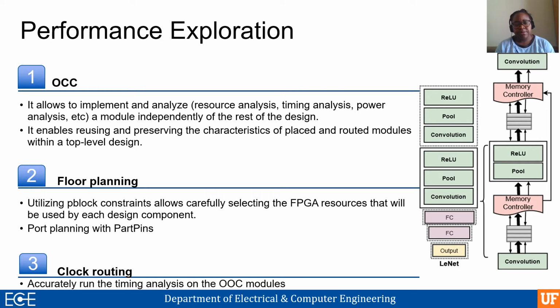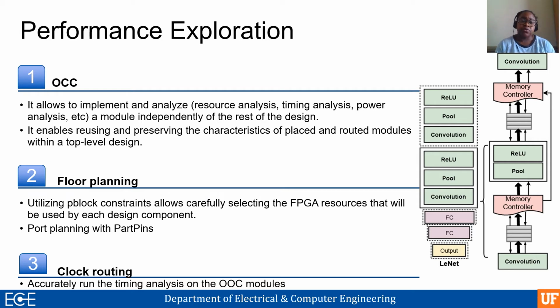The second step is called floor planning. Here we use feedback constraints in order to carefully select the FPGA resources that each design component will use. It also helps us to improve the module level performance and area. By doing so, the designer can also use a minimum amount of resources instead of letting the tool use as many chip dies as it wants.